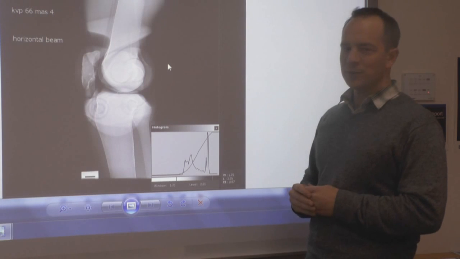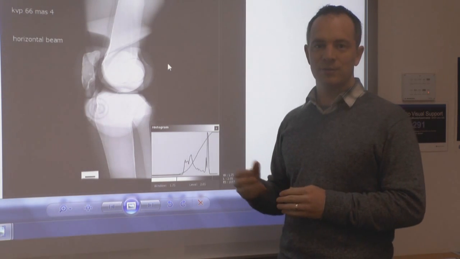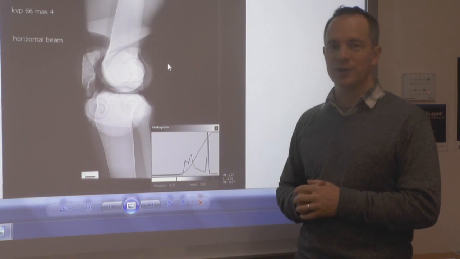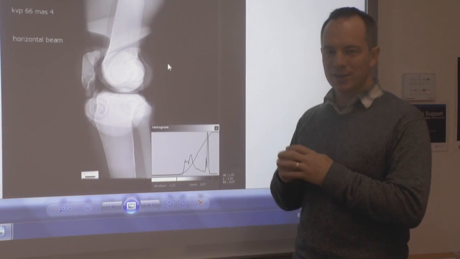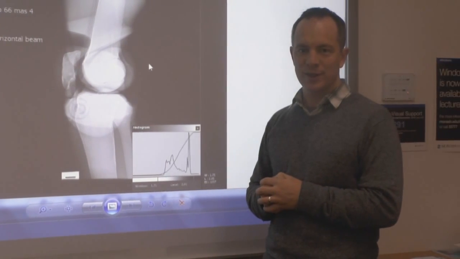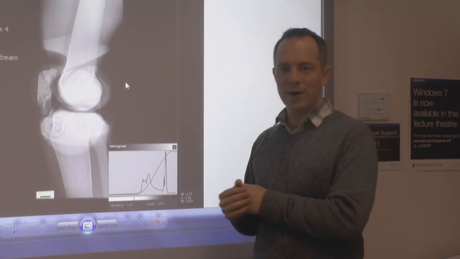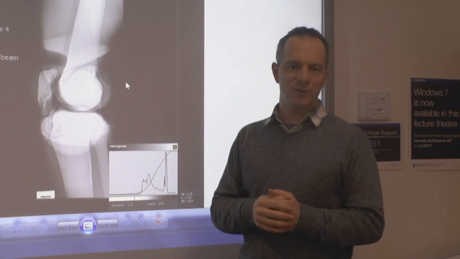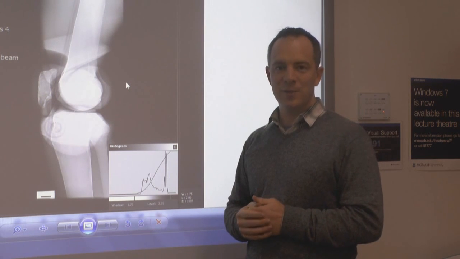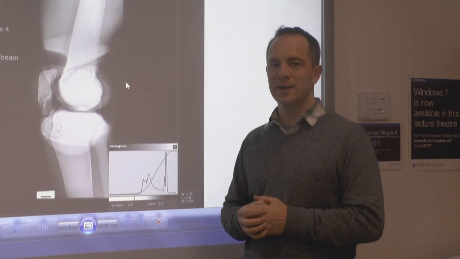Now, one of the problems with having a different exposure index for each body part or between manufacturers is that it doesn't give us a general feel of what the actual exposure is. And so you might learn what a satisfactory exposure index is for one manufacturer, and it'll be very different for a different manufacturer. So this is why the International Electrotechnical Commission has come up with something called the deviation index instead, which you may see from time to time.